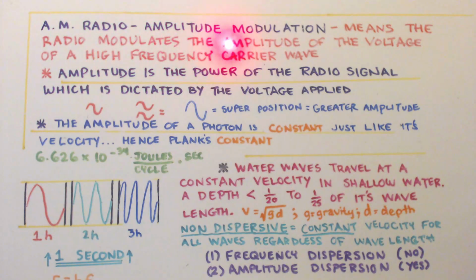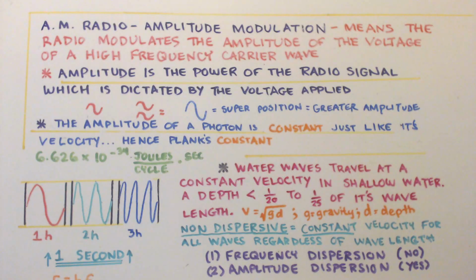That's called amplitude modulation. It means the radio modulates the amplitude of the voltage, not the actual photons. It modulates the amplitude of the voltage of a high frequency carrier wave. Amplitude is the power of the radio signal, and the power of the radio signal is dictated by the voltage applied to it.